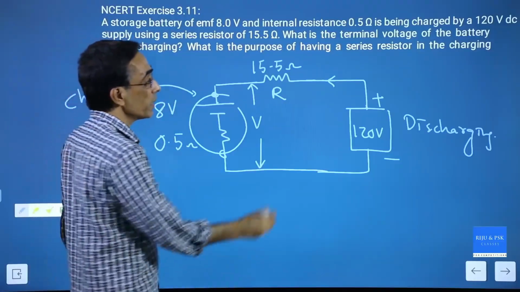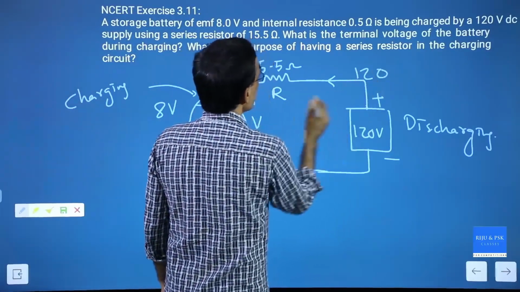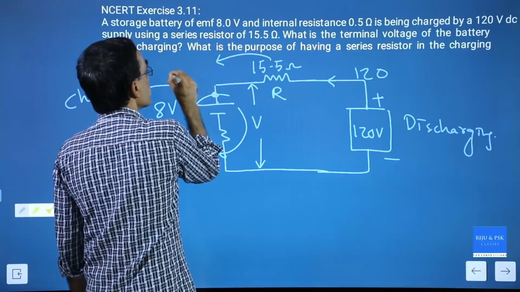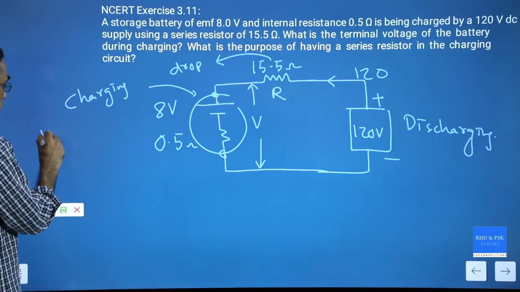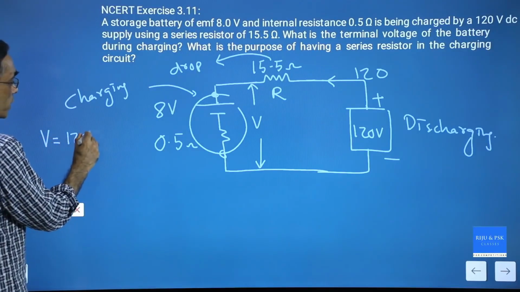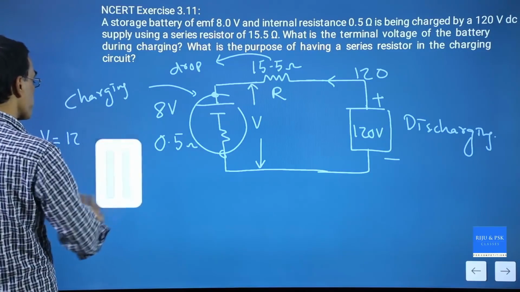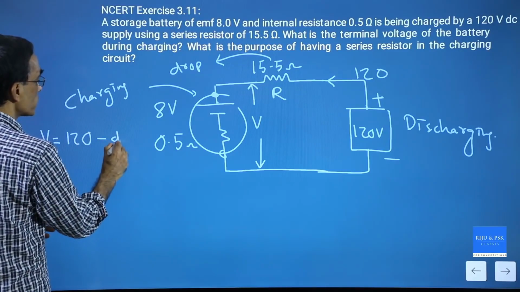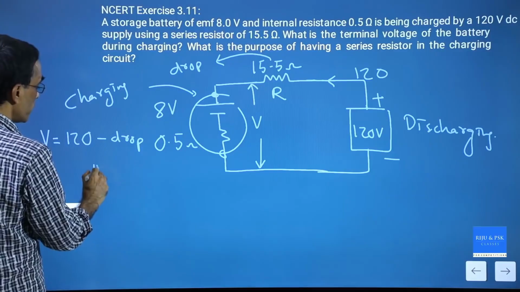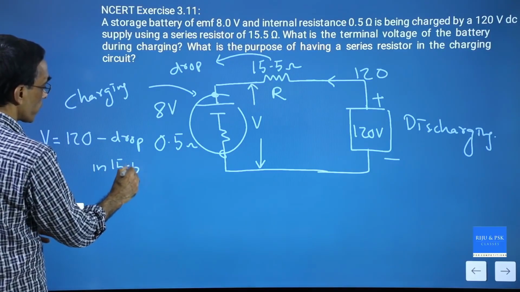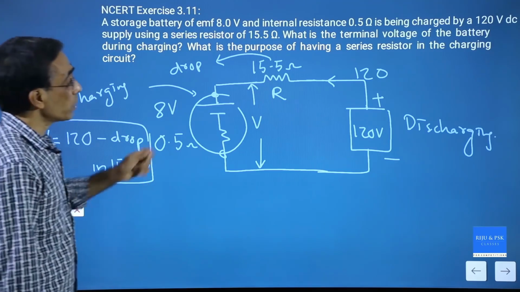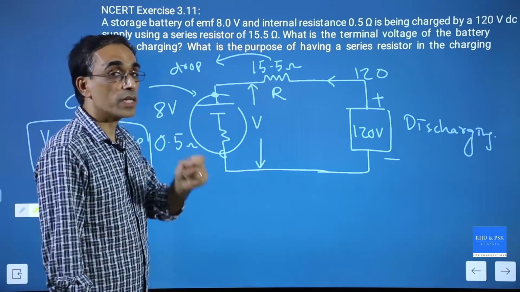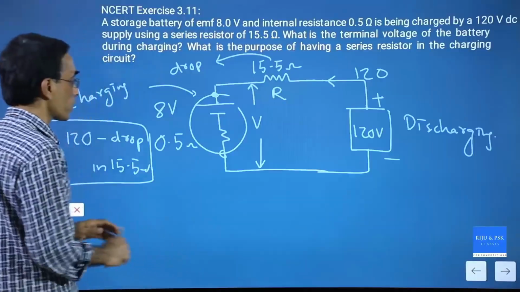Logic is very simple. Here you are giving 120 and there is a drop in that resistance. So the terminal voltage is equal to 120 volt minus the drop in 15.5. But to find the drop in a resistor, we need to calculate the current. Okay, let us calculate the current first of all.